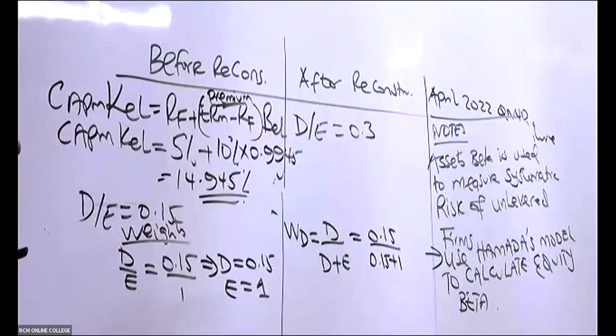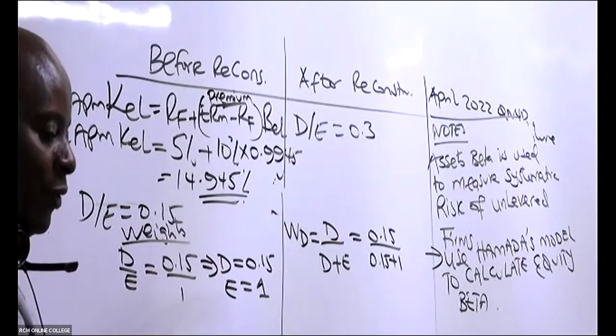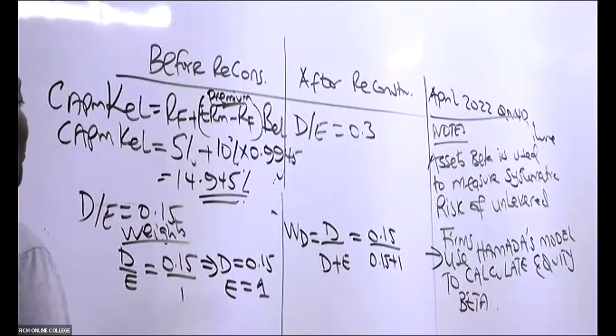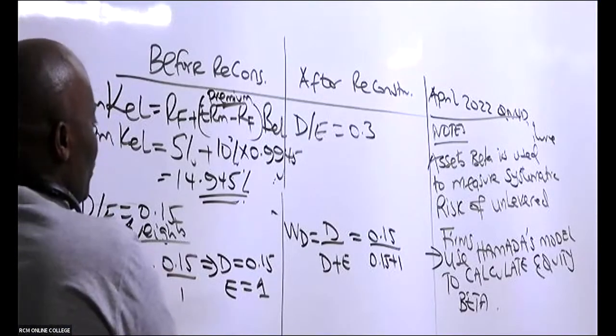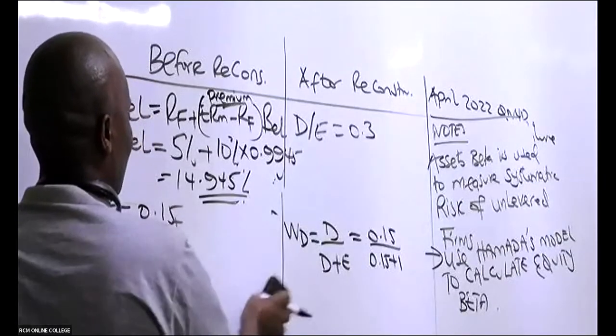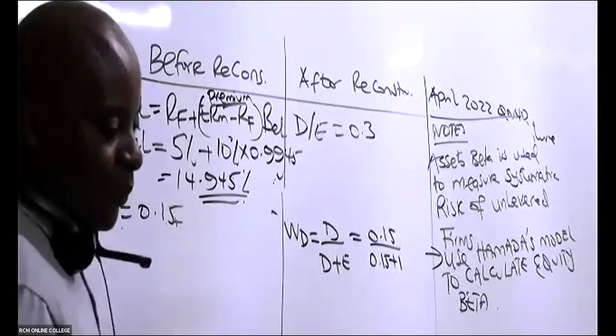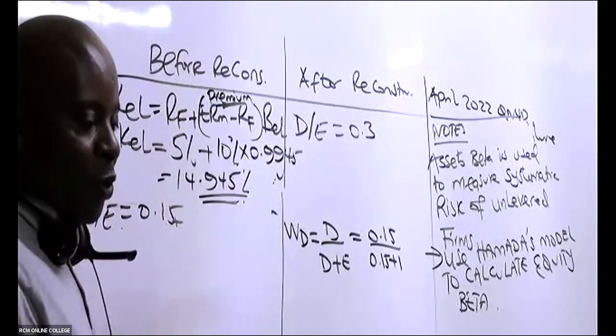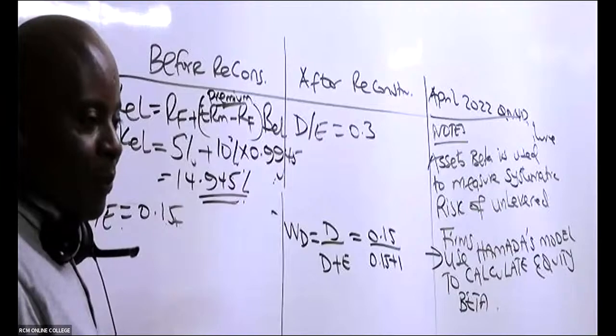So it will be 0.15 over 1.15. I'm being given a figure of 0.1304.